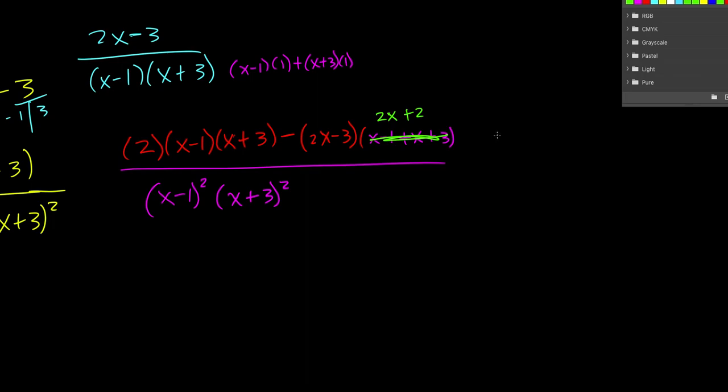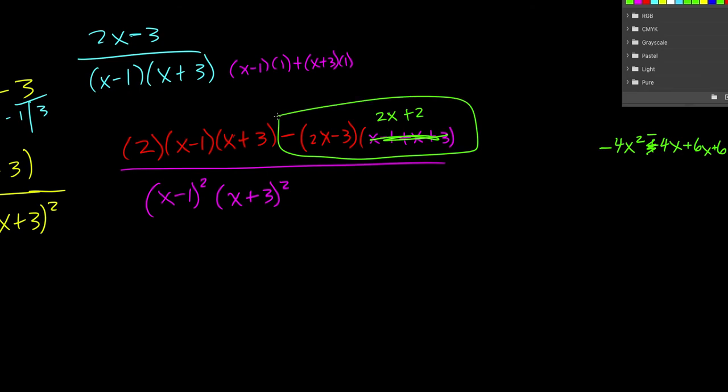And if we multiply those out, we do 2x times that, so that's 4x squared plus 4x minus 6x minus 6. And we'll just distribute a negative to all those, so we change all the signs.